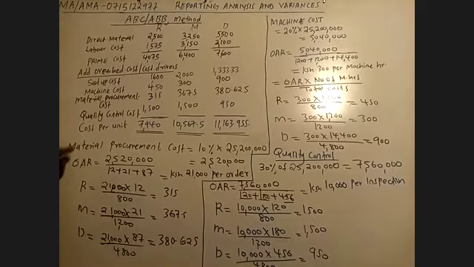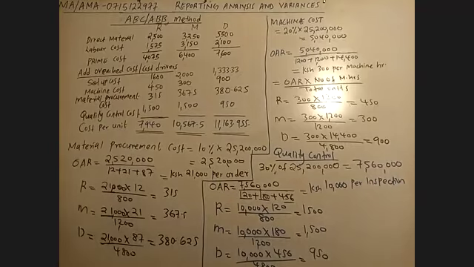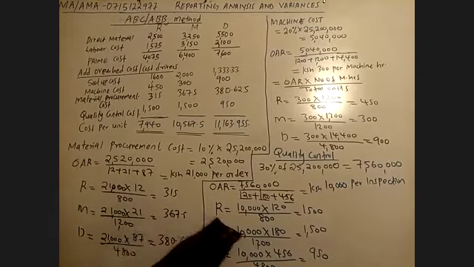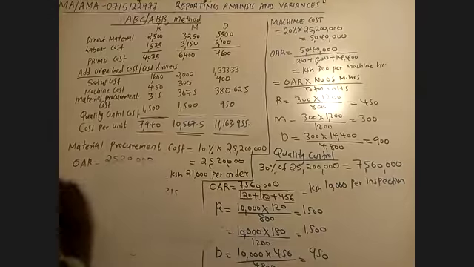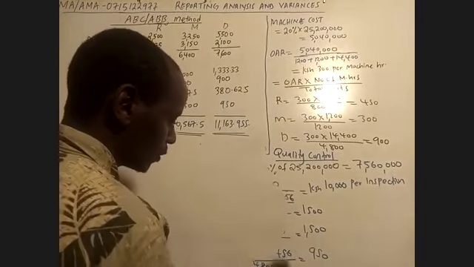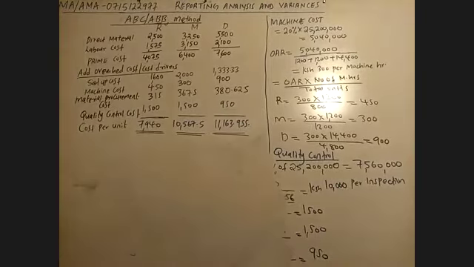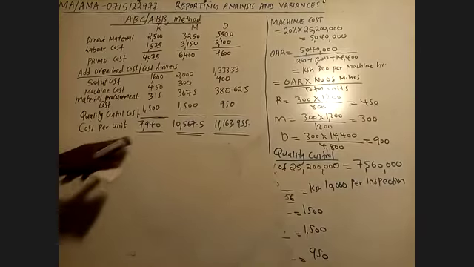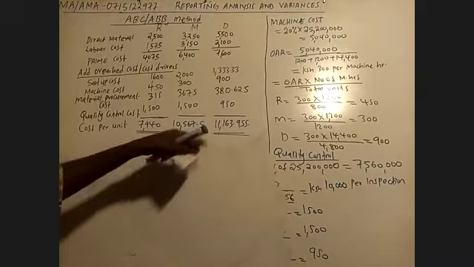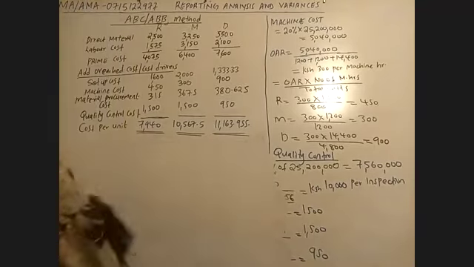For you to get the selling price, you add markup here. Let us finish it, because in every part they said find the cost per unit and the selling price. If you want the total cost, you multiply with the total number of units. But I'm not interested in total cost. I'm interested in selling price per unit.